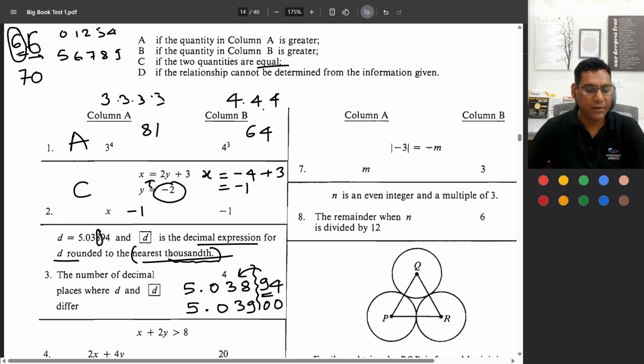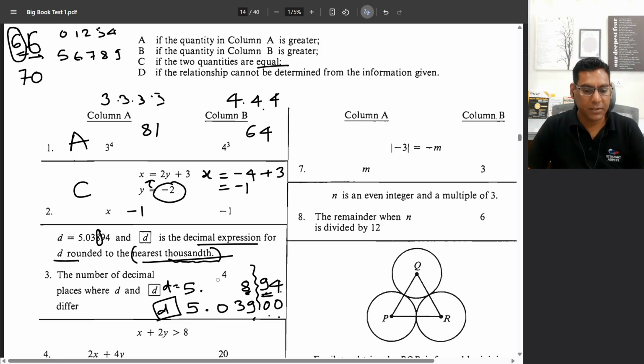That would be D box, and this is D. Now what are they asking? The number of decimal places where D and D box differ. So where do they differ? They differ here, they differ here, and they differ here. So 3 places they differ, right? Let me just clean this up. The answer is basically 3 places.